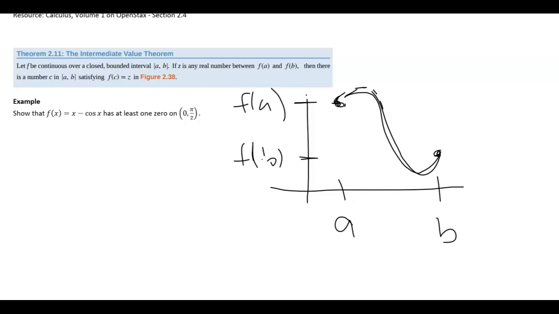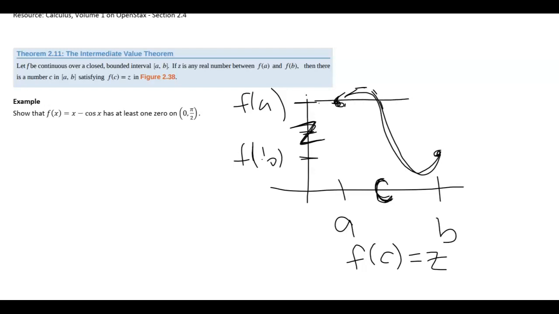What the intermediate value theorem says is that for any number between f of A and f of B, I know that I have to have some number c along my x-axis such that f of c equals z.